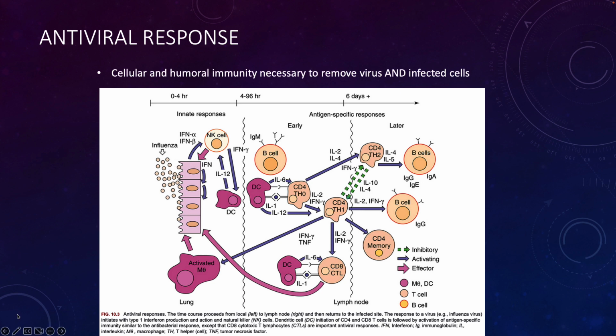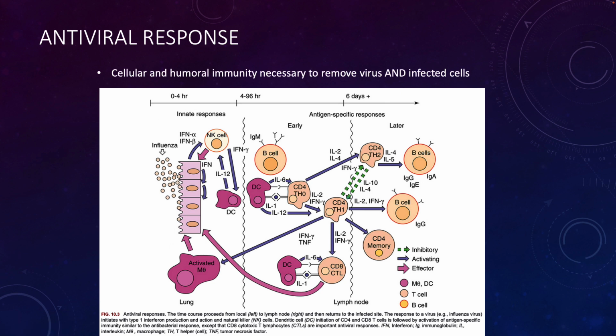So remember, interferons are these broad cytokines that are antiviral. Those can activate natural killer cells. We can also have activated macrophages. Both natural killer cells and activated macrophages can induce these infected cells to undergo apoptosis. And then the macrophages can come in and clean up the cells that have undergone apoptosis.